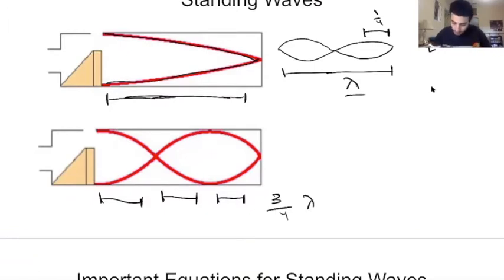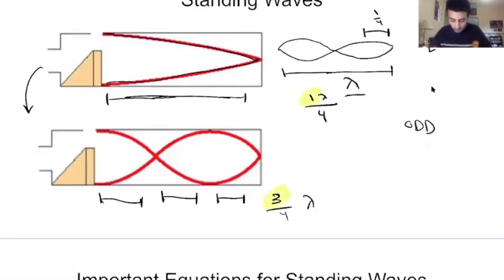It's important to note that when we jump between the first and the second possible frequency, we're using odd numbers. I want to bring your attention to this, this here and this here.